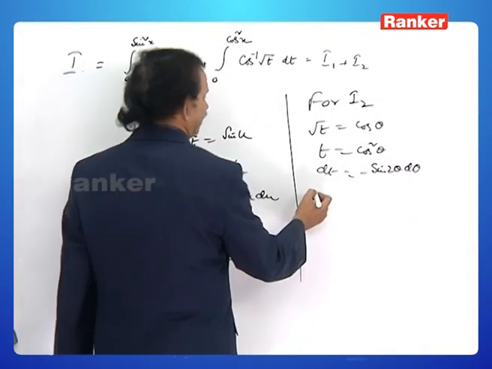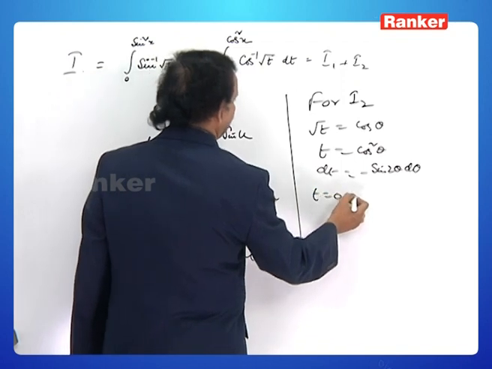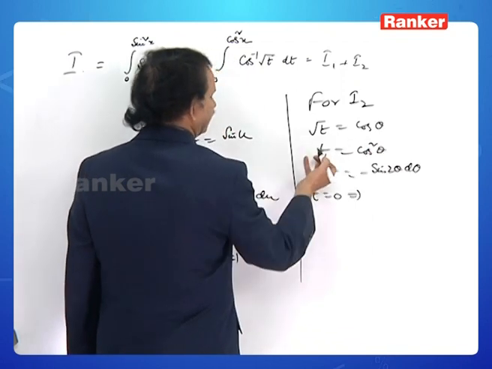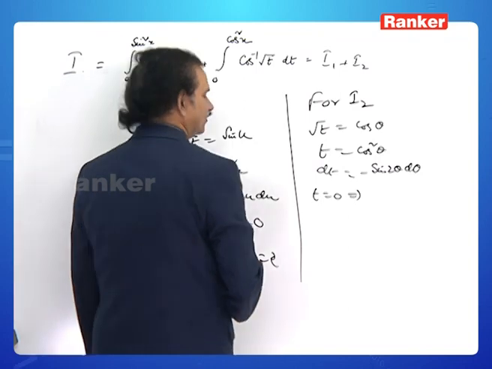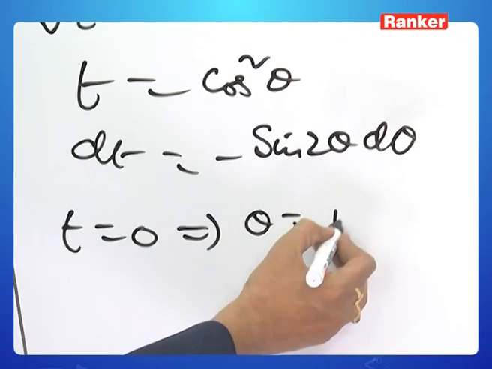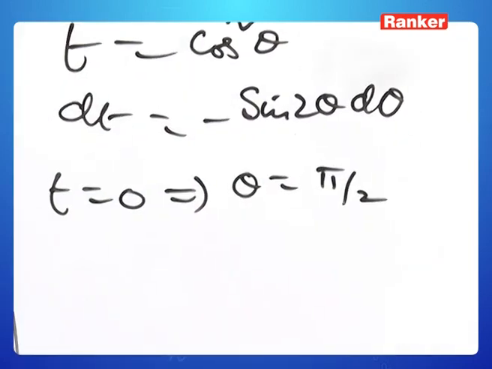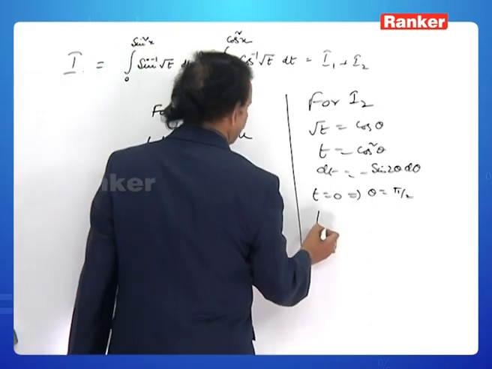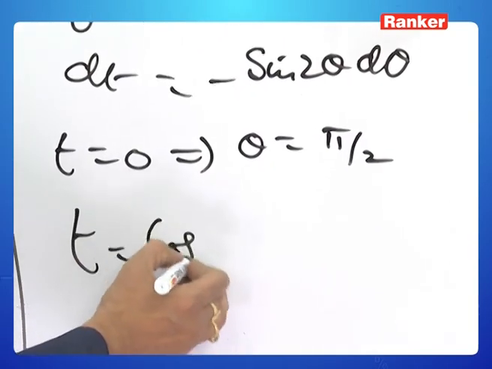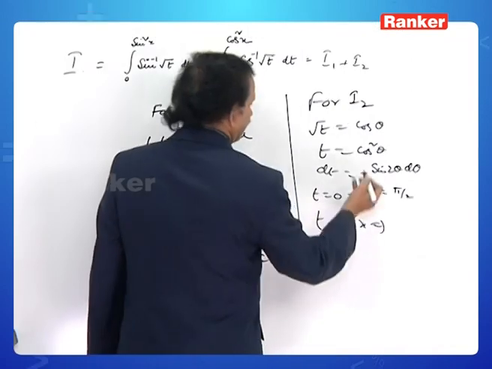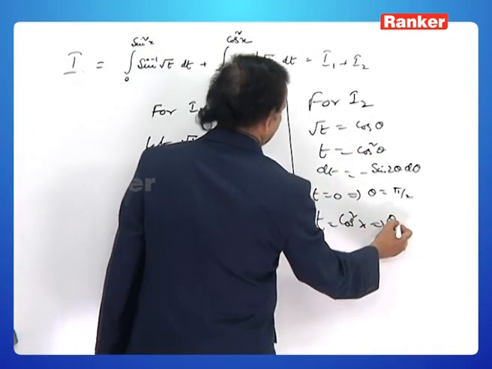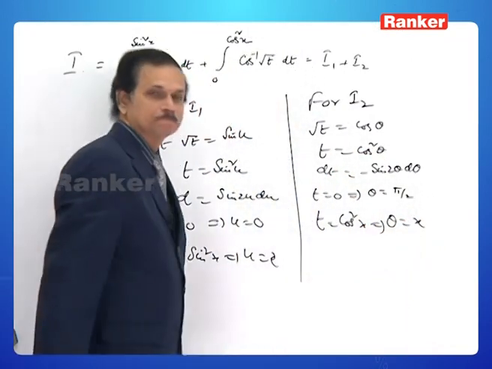Moreover, about the limits, t is equal to 0 implies cos square theta is equal to 0, cos theta is equal to 0, theta is equal to pi by 2. t is equal to cos square x implies cos square theta is equal to cos square x, so theta is equal to x.